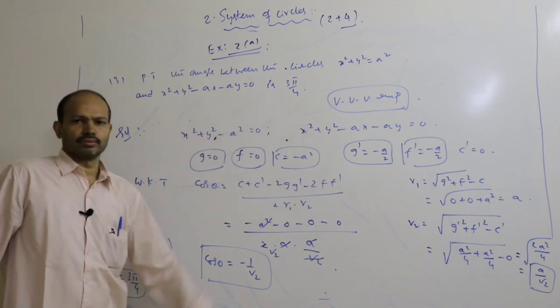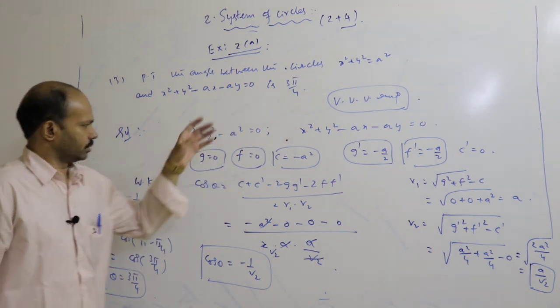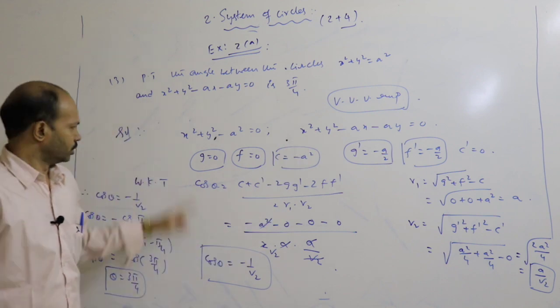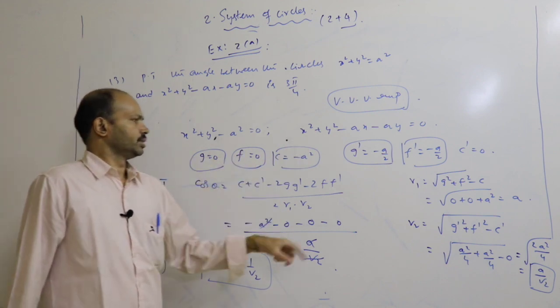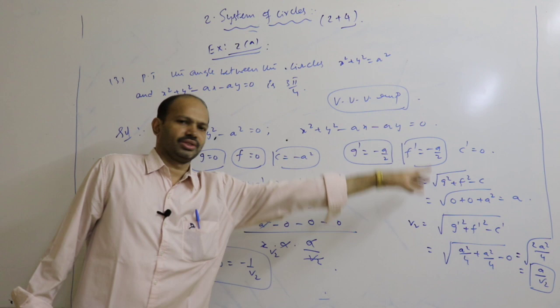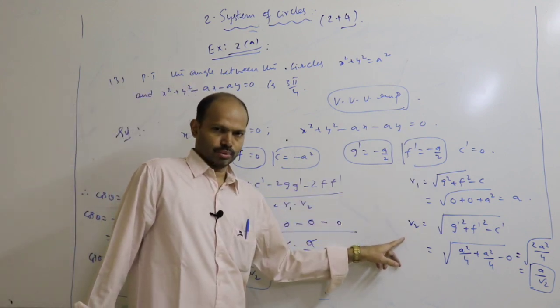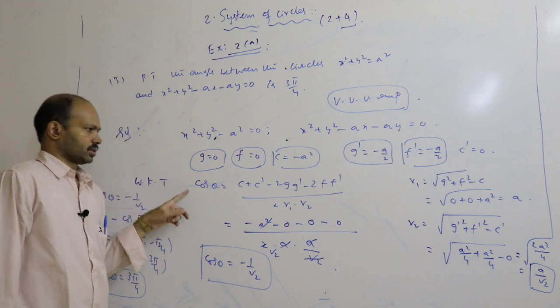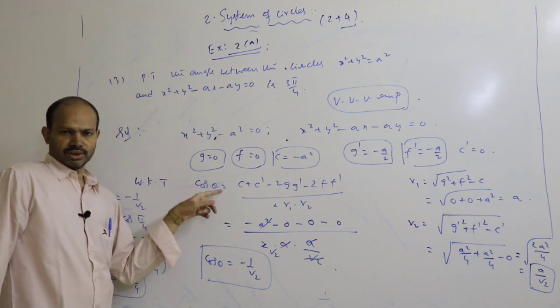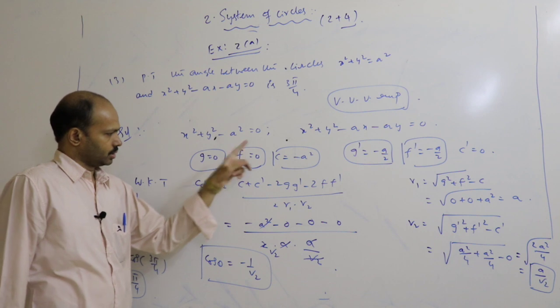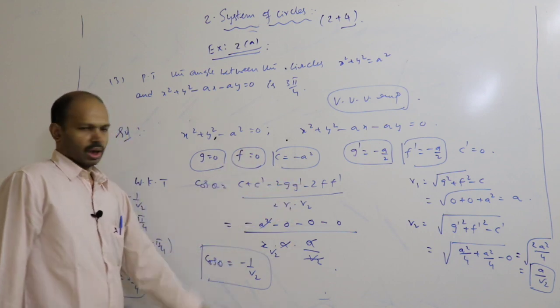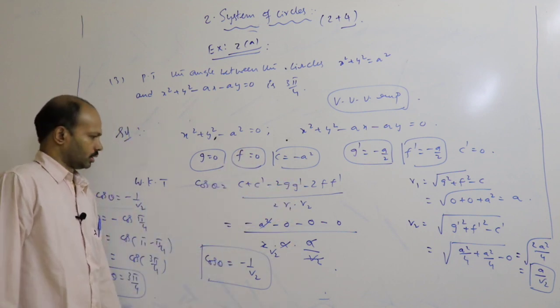Circle 1, circle 2. Comparing with the standard equation, we have g, f, c, g dash, f dash, c dash. What is R1? What is R2? And what is the formula of cos of angle theta? c plus c dash minus 2gg dash minus 2ff dash by 2 R1 R2.